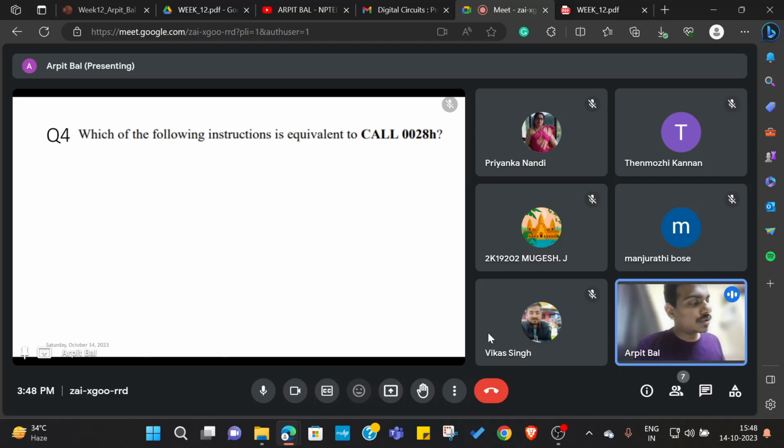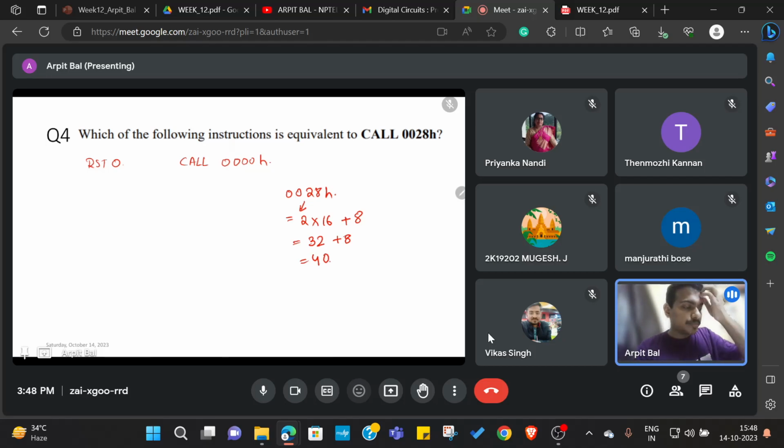The next question was, which of the following instructions is equivalent to call 0028H. Basically, RST0 is actually call 0000H. Similarly, 0028 is in hexadecimal, so it will be 2 into 16 plus 8, that is 32 plus 8, equal to 40. Each such instruction, RST1, is at an offset of 8.